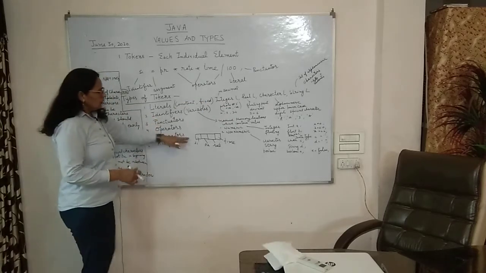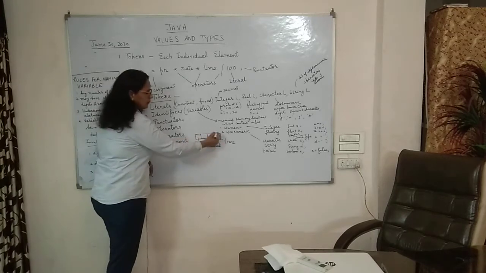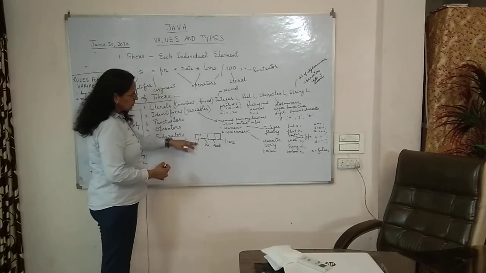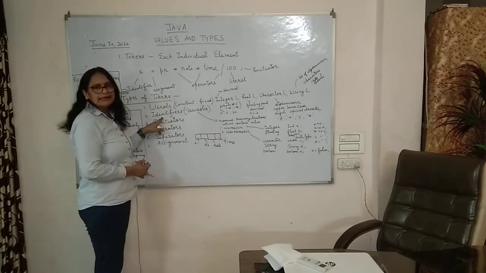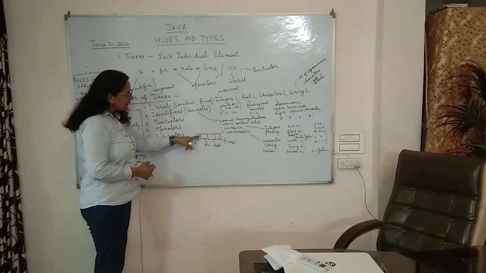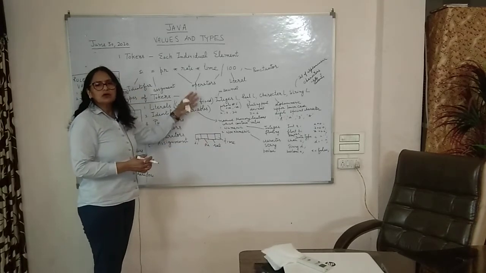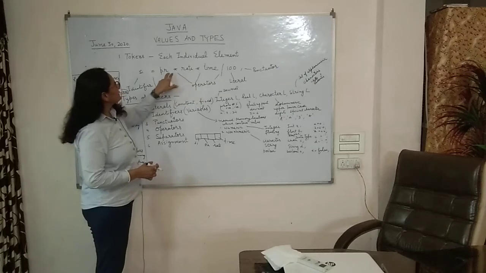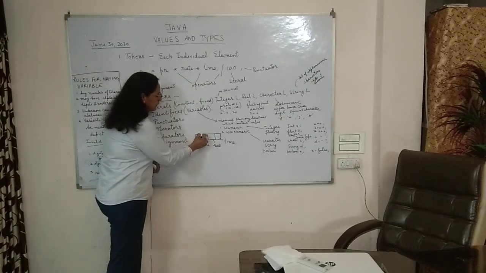Now this diagram I have drawn as the memory locations. We have named these memory locations, and these names are known as identifiers. And inside these memory locations, what do we store? We store the constant value. In this case, we can give PR the value 5000.